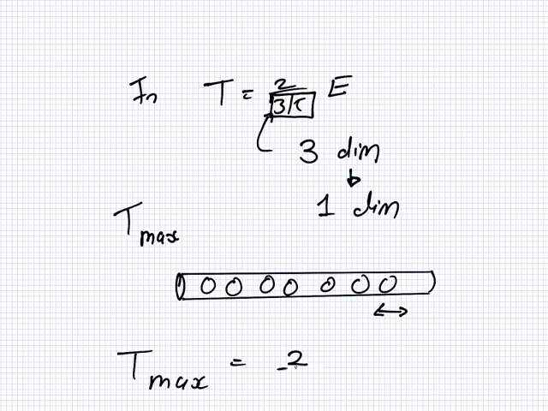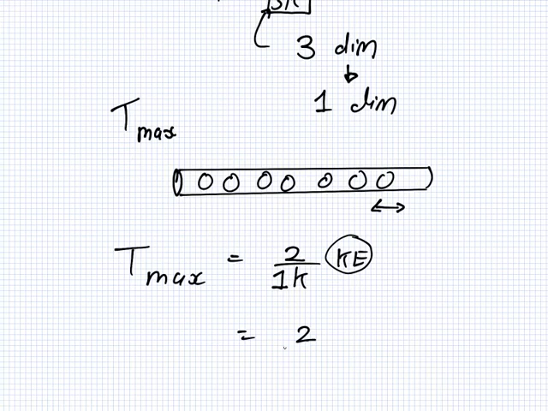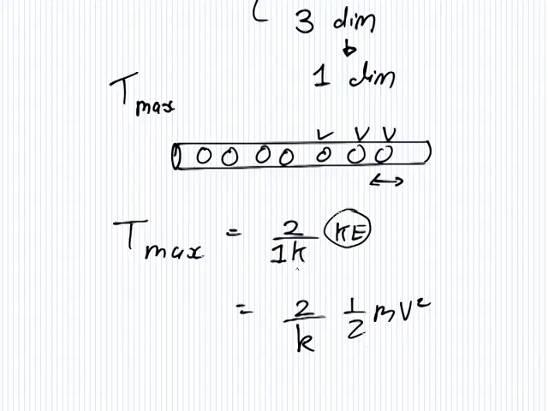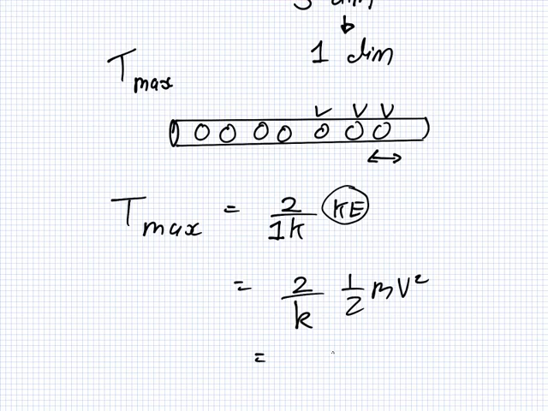It'll be 2 over 1K, and then this is kinetic energy, remember. So that will be 2 over K, a half V squared, where the V is the vibration here. So that will equal mv squared over this constant K.